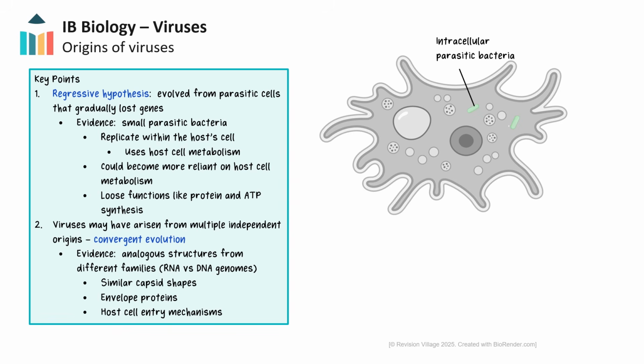Viruses also show analogous envelope proteins like the RNA virus influenza and the DNA herpes virus that both have glycoprotein spikes that attach to host cell receptors, despite them having different common ancestors. Finally, many viruses have evolved fusion proteins or receptor binding proteins that enable entry into the host cell by similar mechanisms despite their different ancestry.